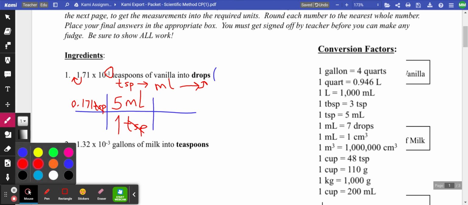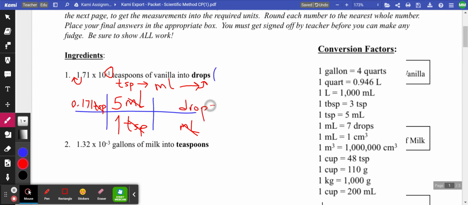And then now I'm going to convert milliliter to drops. Now that I have milliliter on the top here, I have to have milliliter on the bottom on the other conversion factor so that they can cancel each other out. And drops on the top. How many drops equal to how many milliliter?